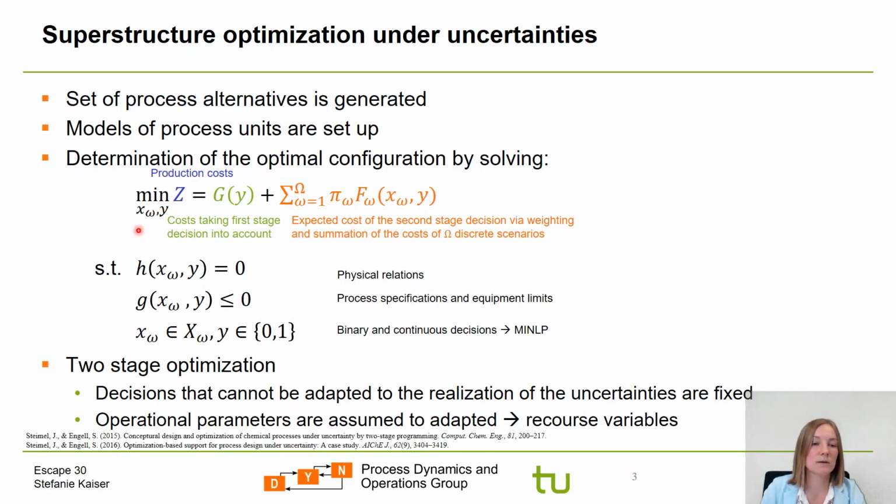This optimization problem is solved subject to the physical relations, so the process model. We further have the process specifications and equipment limits as inequality constraints, and usually binary and continuous decisions are involved, so we have to solve an MINLP. Usually we have non-convex problems, so we have to use global optimization techniques.